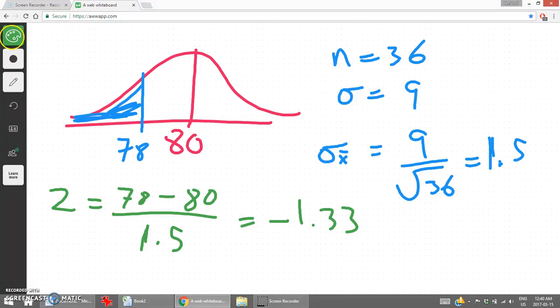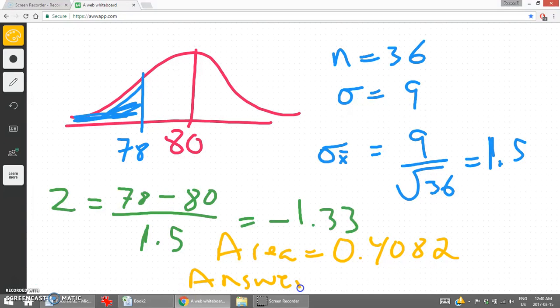That corresponds to an area value of 0.4082, which then gives us an answer. We take that value, subtract it from 0.5, and get 0.0918. So there's a 9.18% chance that a sample of 36 telephone bills is going to have an average of $78 or less.